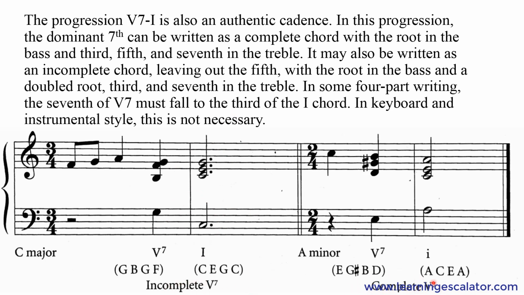And a complete dominant seventh in A minor would have the dominant seventh of A minor, which is E, G sharp, B, and D. The E is in the bass clef and the others are in the treble. And then there's a tonic triad chord.